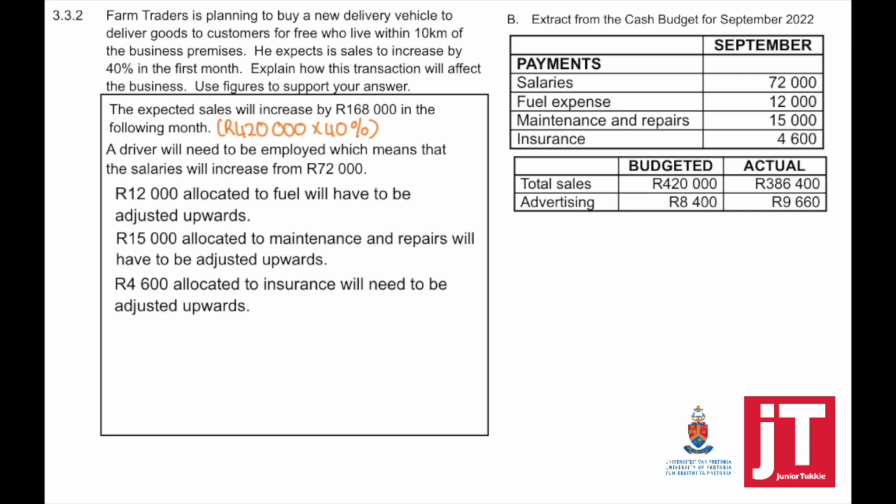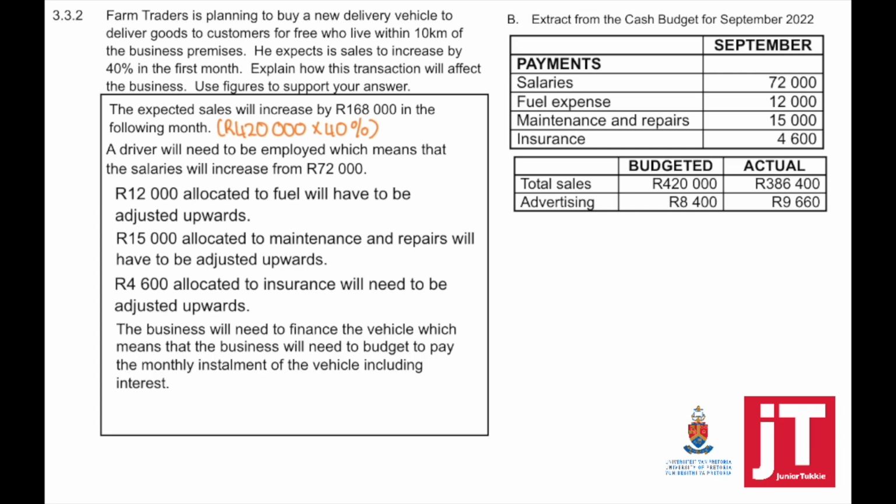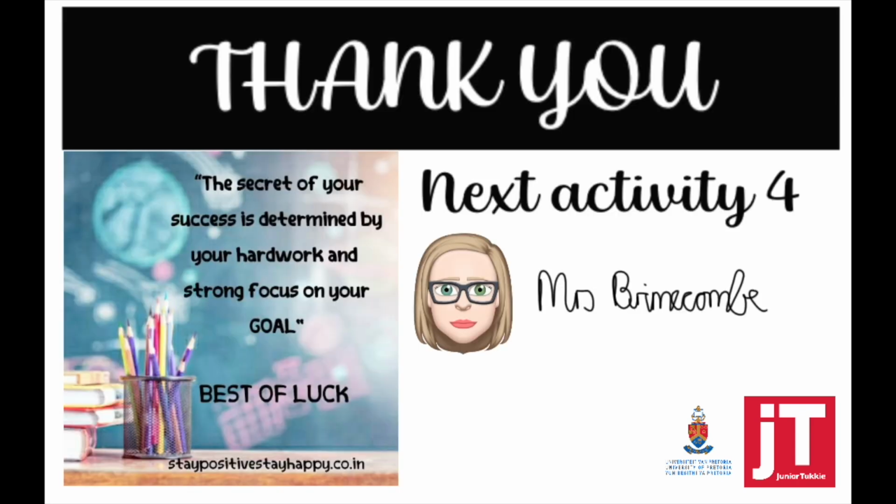That will need to be adjusted upwards because now if we buy a vehicle, we need to get insurance for that vehicle. The business will need to finance the vehicle, which means that the business will need to budget to pay the monthly installment of the vehicle, which will include interest. So that's something else that we need to budget for as well. So these are all things that you need to look at.